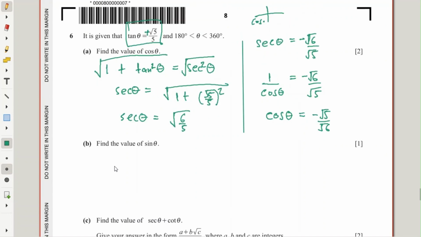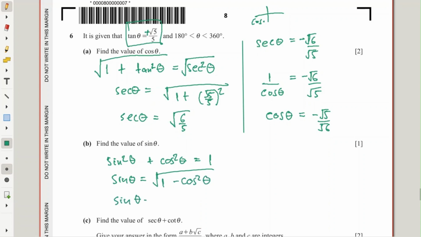Sine theta, okay. I can also apply sine theta squared plus cos theta squared is equal to this. So basically, I make sine the subject, right?